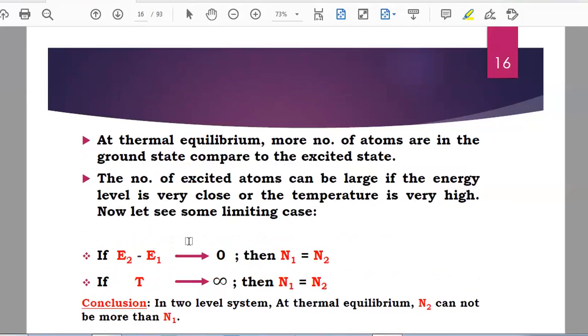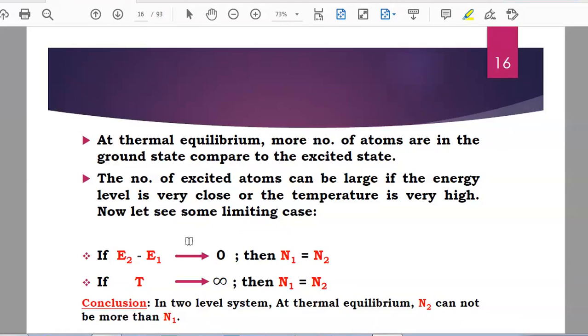Whenever I say thermal equilibrium, I mean the temperature is set in a system and is not fluctuating much. In that case there will be more atoms in the ground state compared to the excited state, because it is the case of equilibrium. But if you increase the temperature further, then of course atoms go to the higher state.